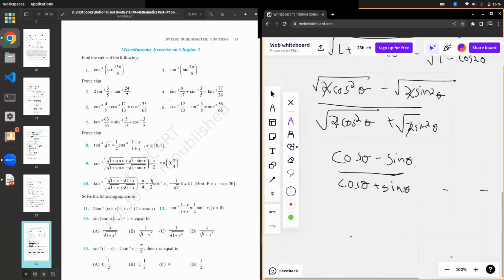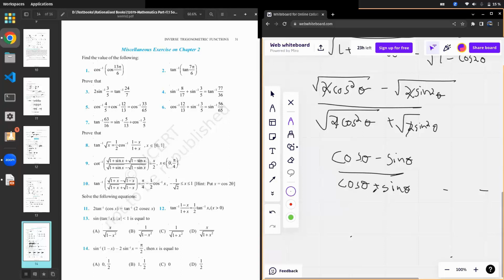So if you see, we have to prove that it is equal to pi by 4 minus half into cos inverse x. So if we write this in terms of tan A minus B format, we can easily solve this. So we first divide both numerator and denominator with cos theta.